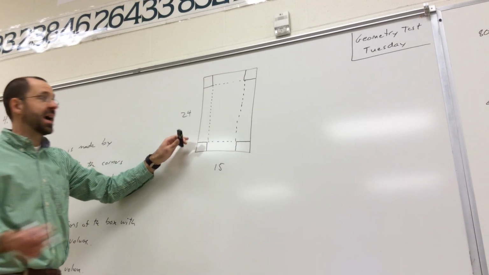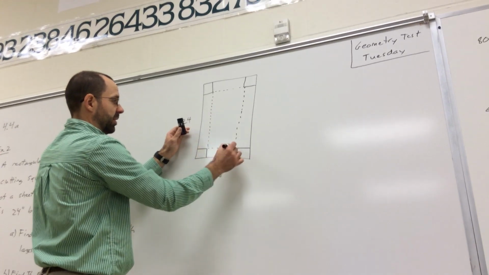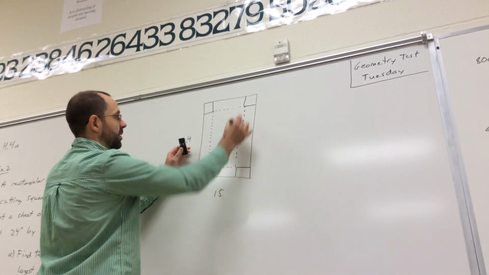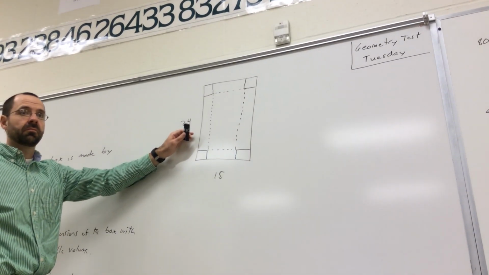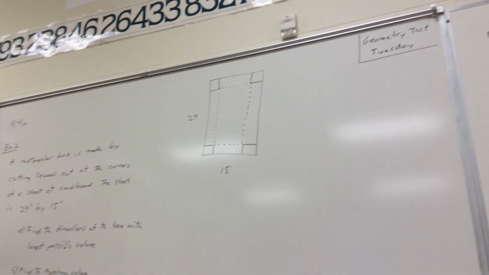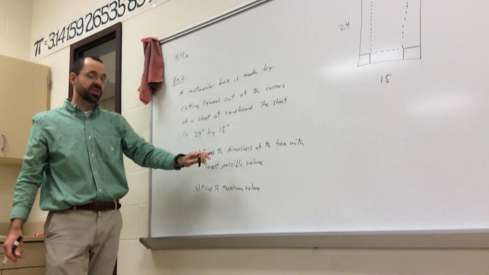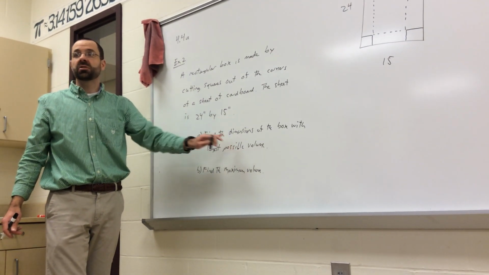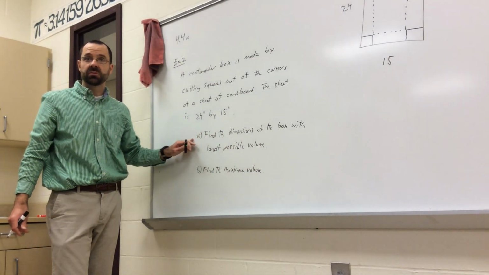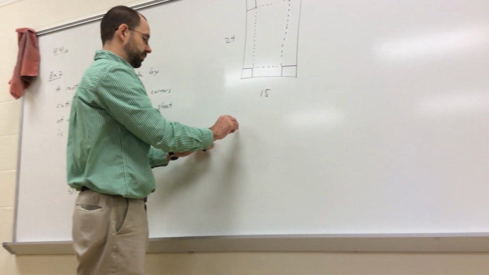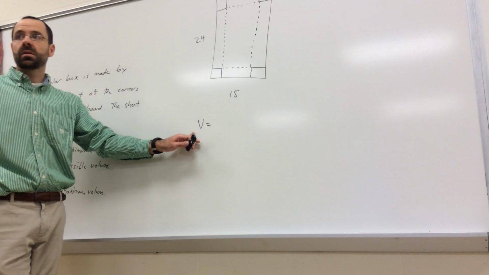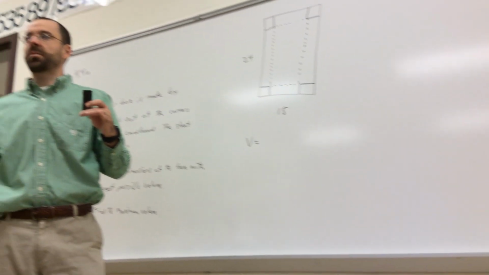So we got a box. The bottom of the box is this rectangle that is in the dotted lines, right? And the question's asking for the largest possible volume. So if we're going to find the largest possible volume, we need a formula for the volume. This is the key when you're doing these types of problems.